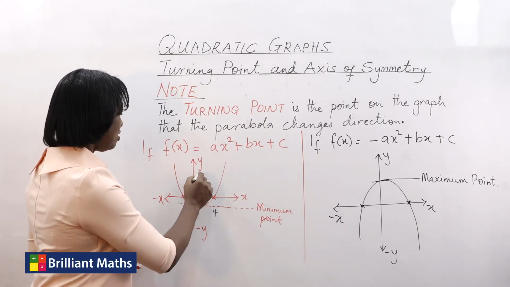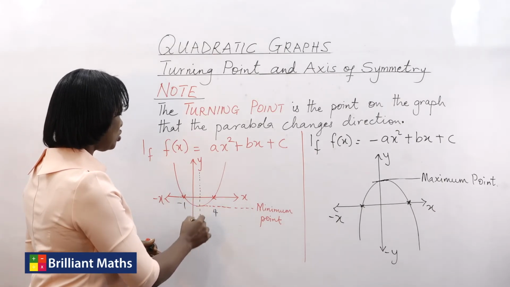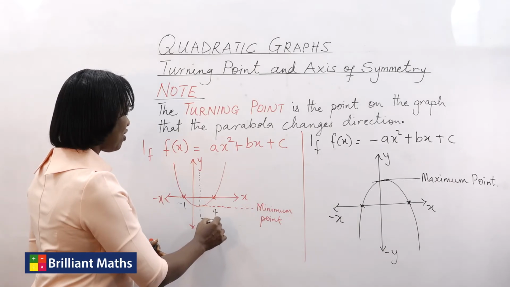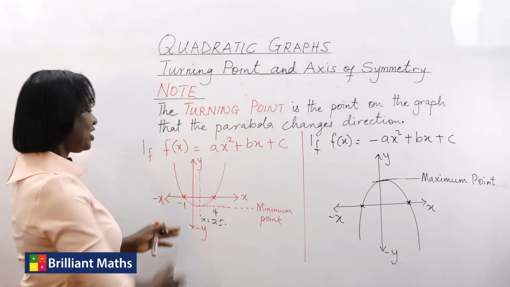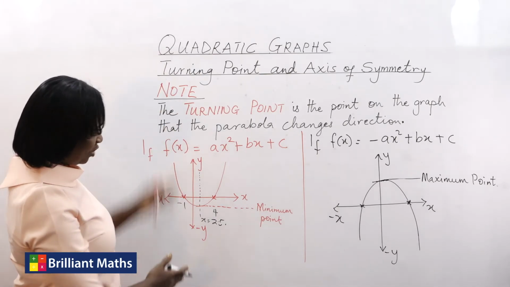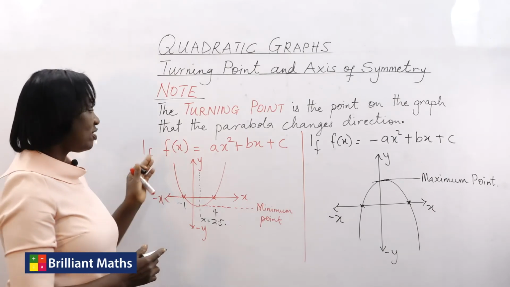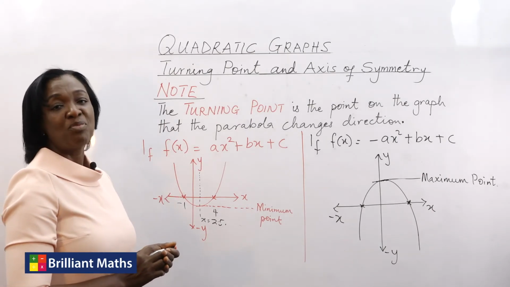So the line of symmetry or axis of symmetry will be at the point where x is equal to 2.5. So the line x equals 2.5 is parallel to the y-axis, and that will be the axis of symmetry for this parabola. Let's look at one more example.